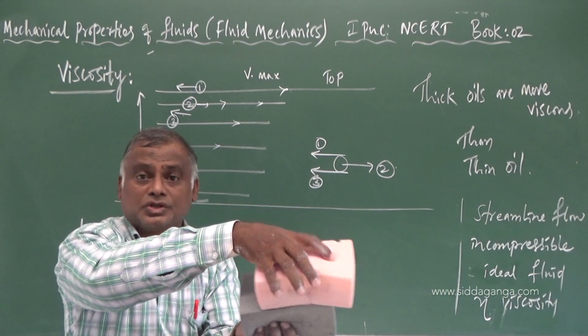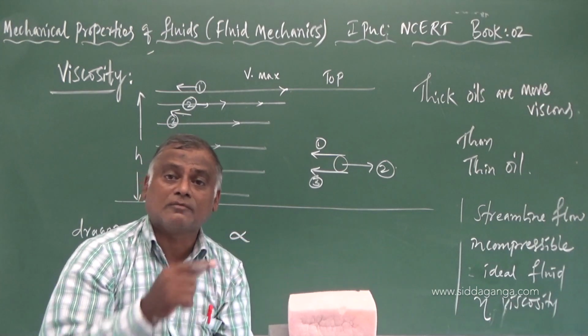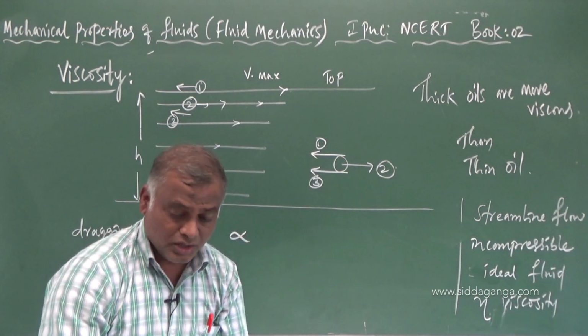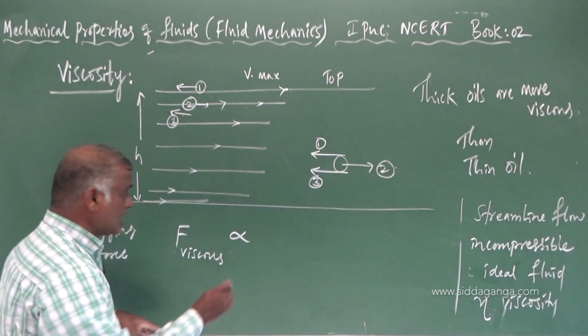More viscous force. You need more dragging force. In order to overcome the viscous force, you need to apply some extra work. So that viscous force depends on the surface area in contact.